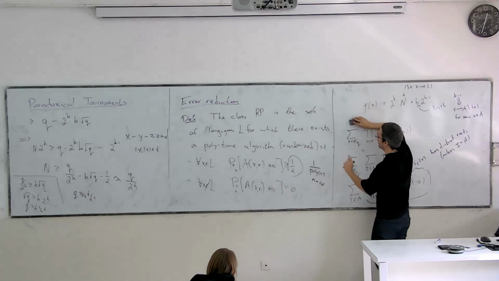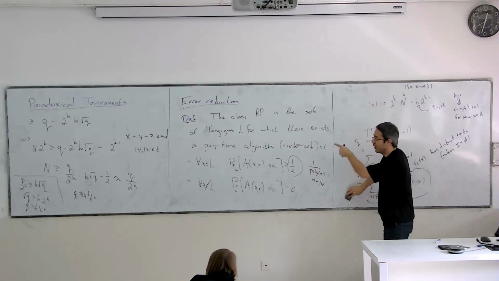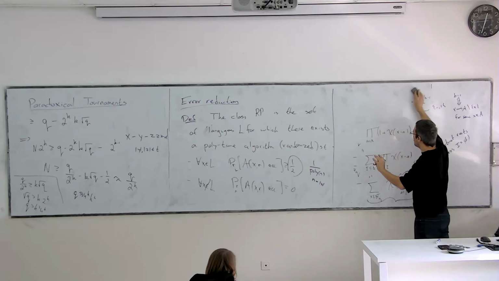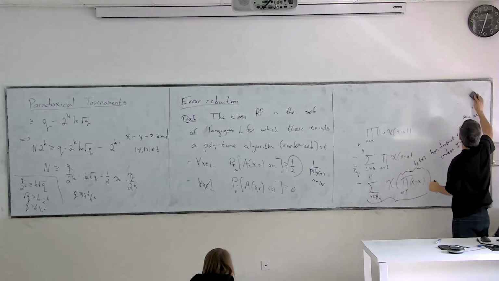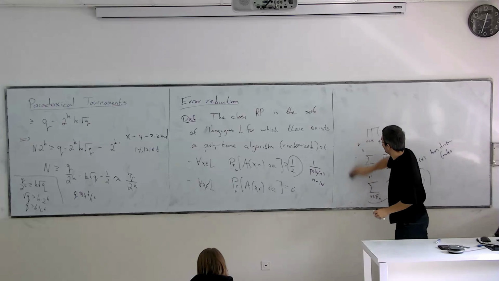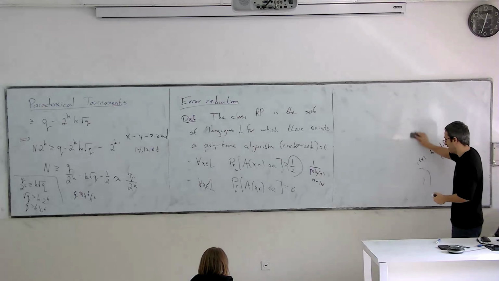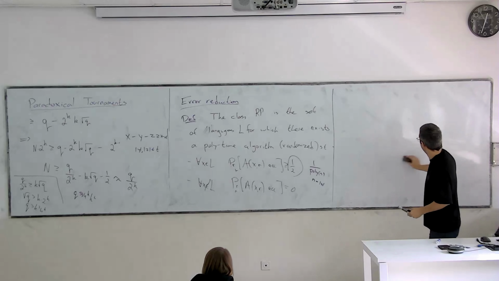And actually, I want to touch on that point. That's the whole point: error reduction. The theme here is error reduction. So let me talk a little bit about that before we move to expanders. You can do that in a more economical way.